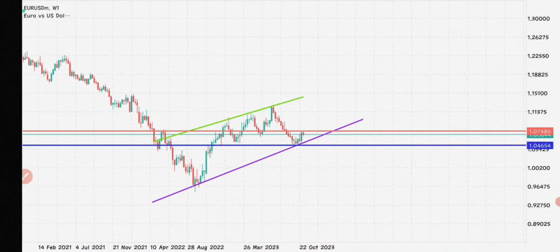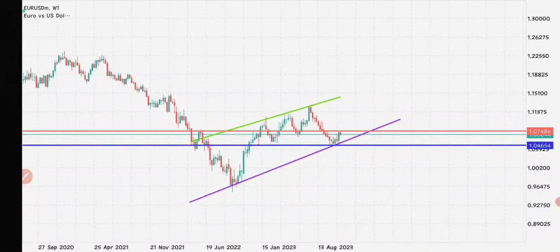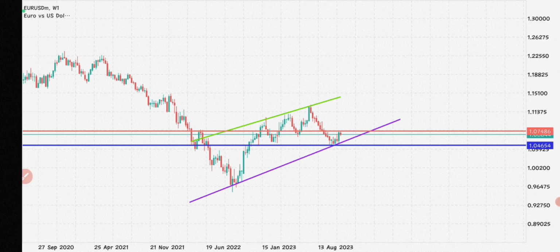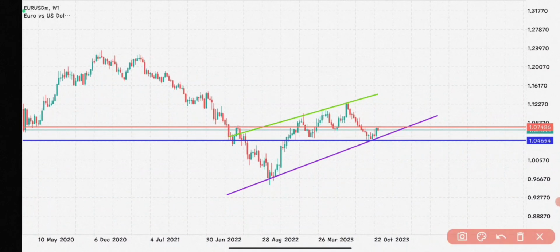All right, so coming back to this chart, we can see that the market has been in a downtrend all the way from here to this point. Then it now gave us an uptrend, an upward movement.